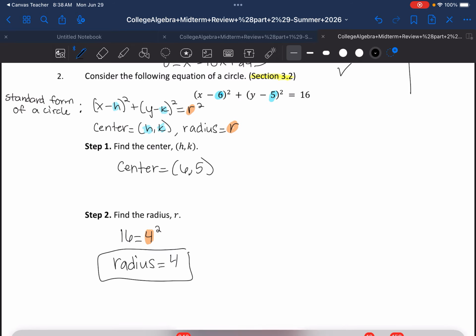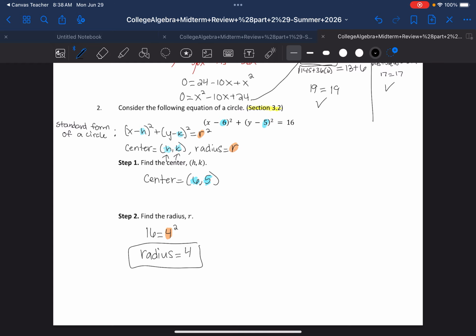Notice how I didn't include negatives here when I wrote that the center was h, k. It's whatever number is being subtracted. So if it was plus 6 right here, then the answer would have been minus 6. So really you can think of it as it's always the opposite sign. So that is our center and the radius of our circle.